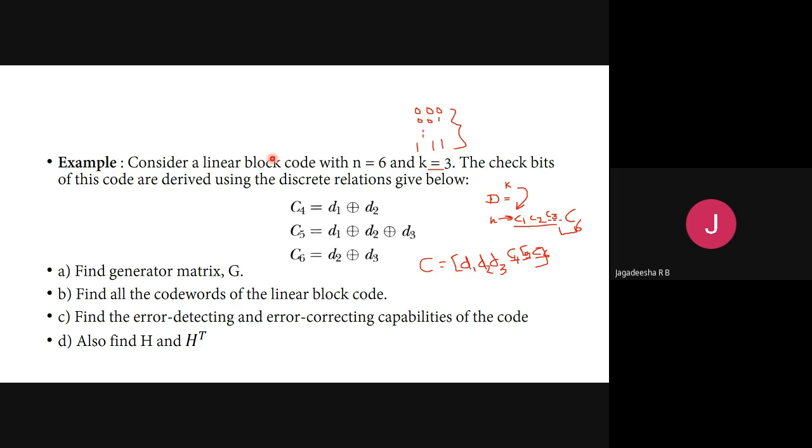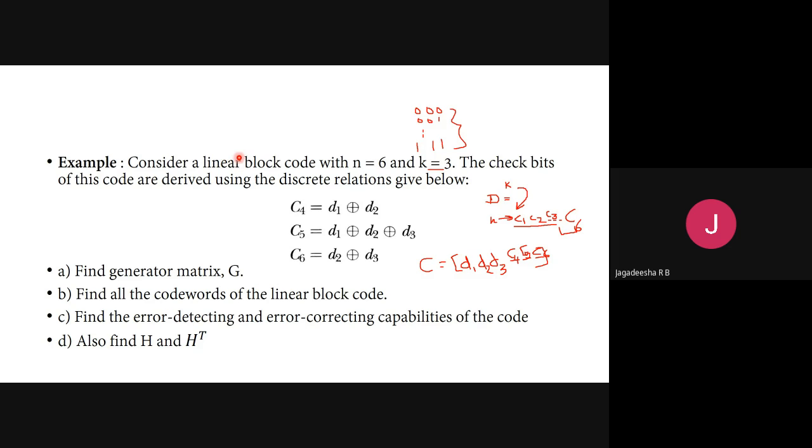Block code, because it has a block of data we consider to do this operation. Encoding is done block by block. You have a large sequence of bits, maybe you have 100,000 bits. You don't take all those at a time, or bit by bit. We consider a block. If you have 100 bits, you take 10 bits at a time, do the operation. Next, go to the next 10 bits, do the operation. Block. So this linear block code combines both.